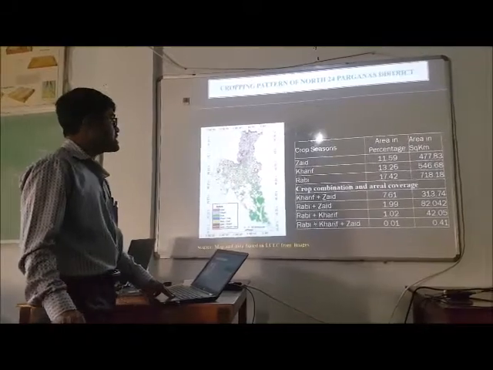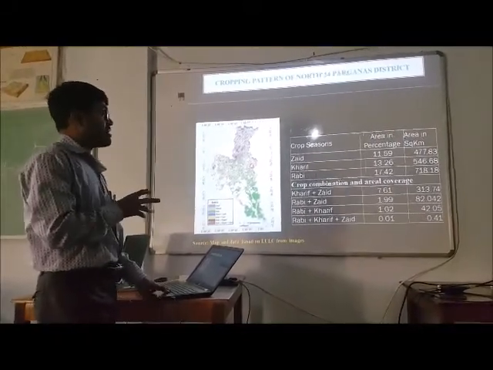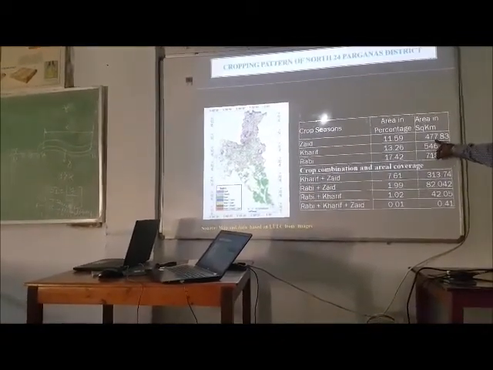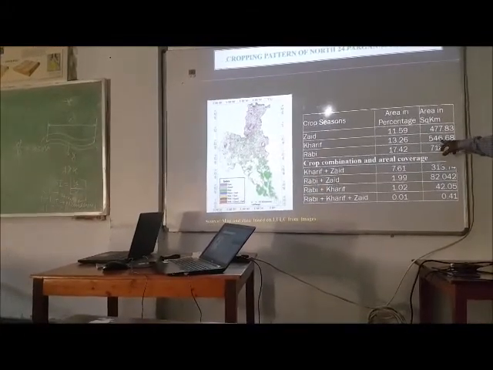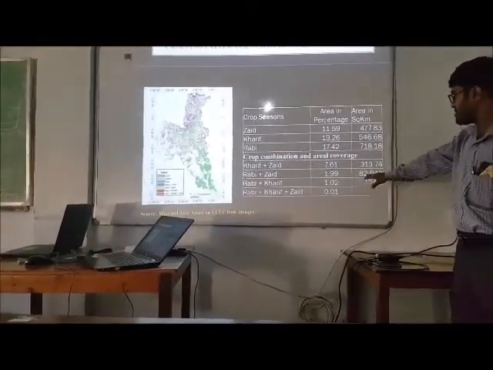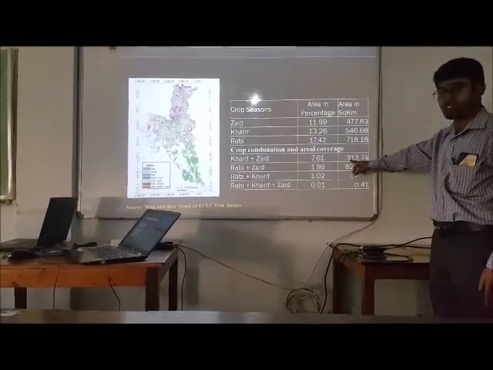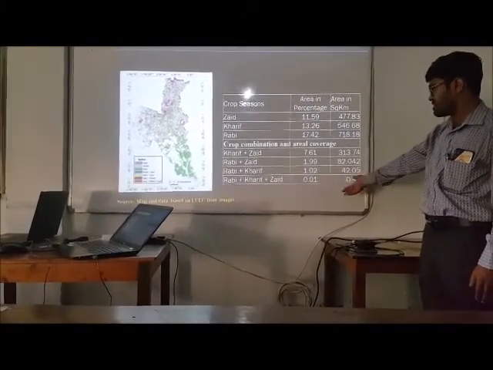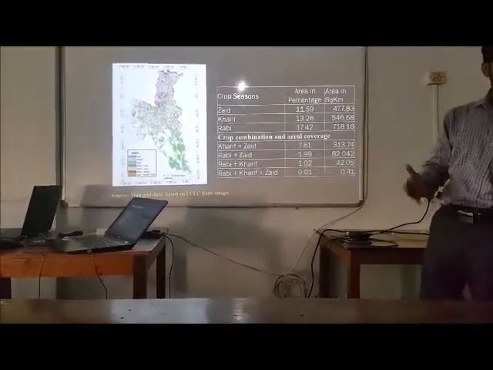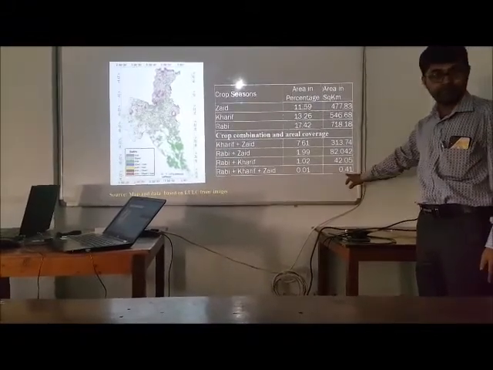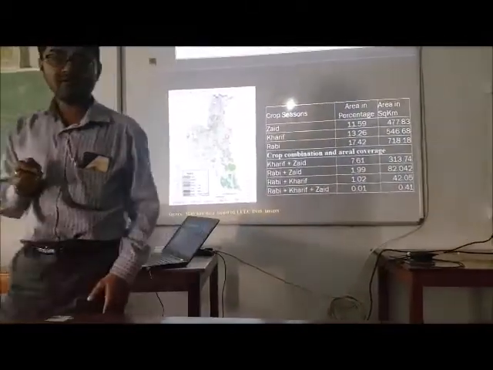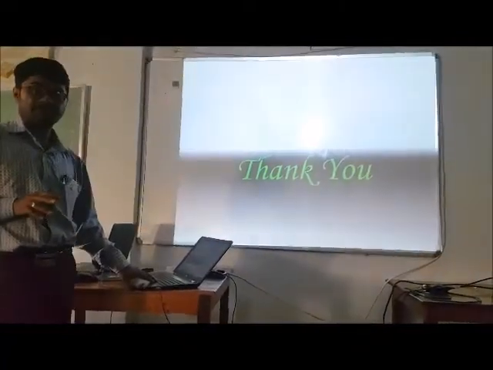In the northeast corner, only Zaid cultivation is practiced in 477 square kilometers, and Kharif is 546, Rabi only 716, and the double crop region for Kharif and Zaid is 313, Rabi and Zaid only 82, Rabi and Kharif 42, and Rabi Kharif Zaid, meaning triple crop land, is almost nil, because only 0.1 square kilometer can be used for triple crop season.